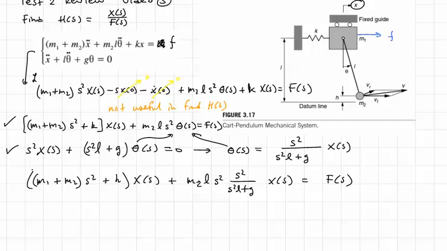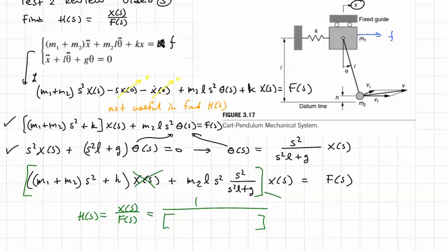All right, what we can do now, and I will stop here, I don't want to belabor the algebra, is write H(s) as X(s) over F(s), where we have 1 over this whole mess here, and then you could do algebra to clean it up.